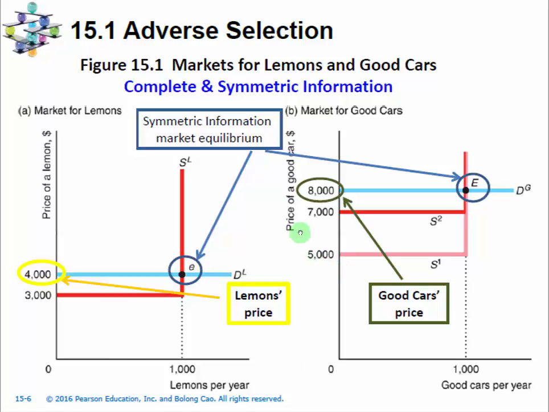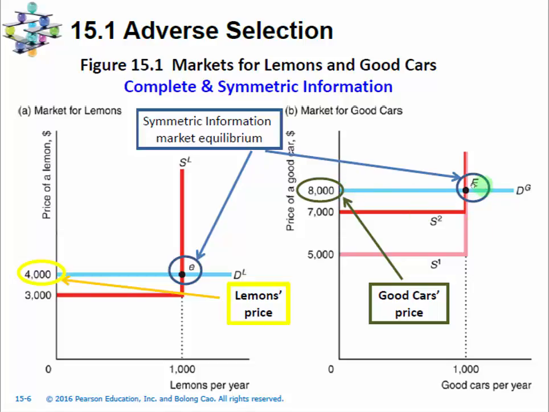To start our discussion, we assume first that both sides, both the buyers and the sellers, know the quality of the used cars. That means the information available to the buyers and sellers is complete and symmetric. On the demand side, the buyers would like to pay $4,000 for a lemon, a bad quality used car, and $8,000 for a good used car.